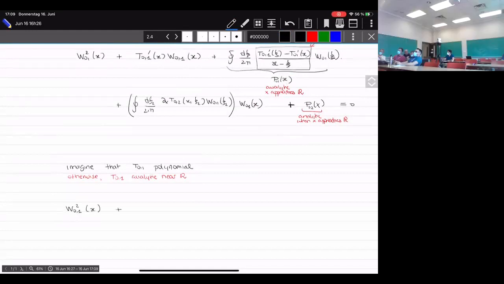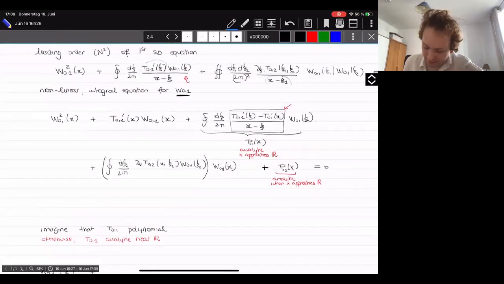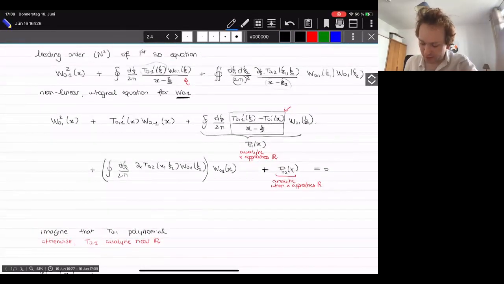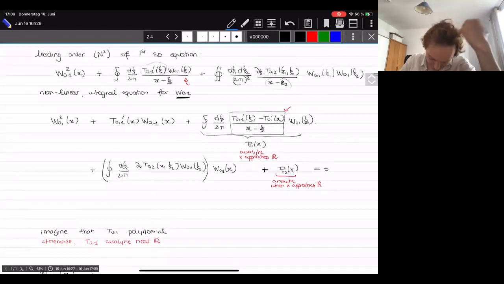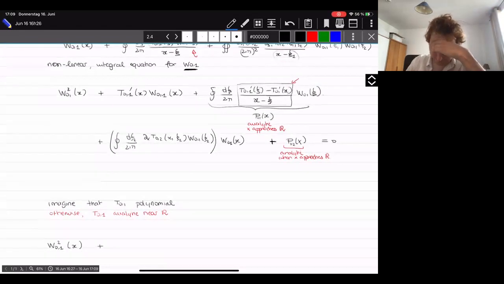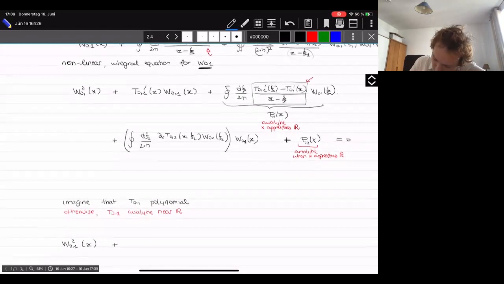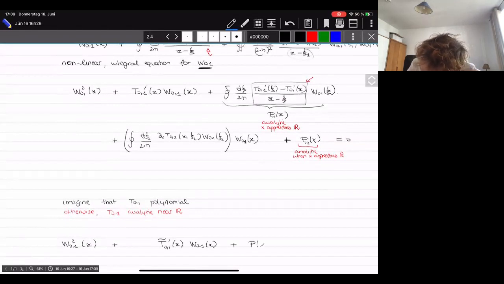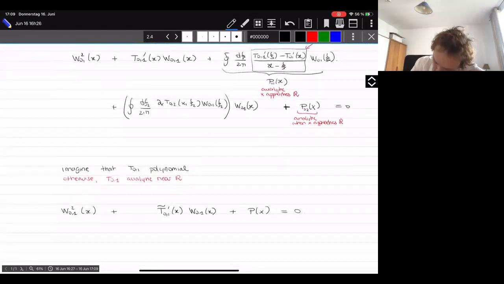Is P02 also polynomial? If T02 was a polynomial, it's going to be a polynomial for the same reason as before. If T02 is only analytic, you only know it's analytic across R. So here we see there's a W01x, which has a prefactor. Let's call it T tilde 01 prime x. And then there's some P. So P01 plus P02, I just write it P. And that equals 0.